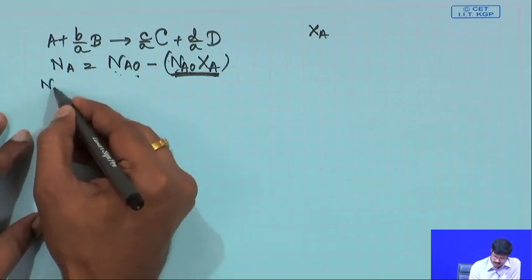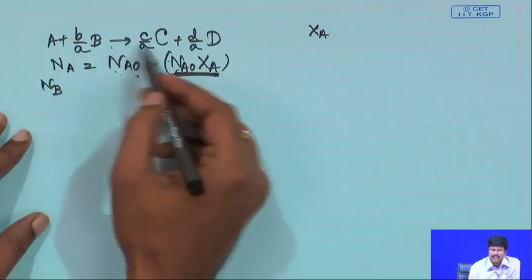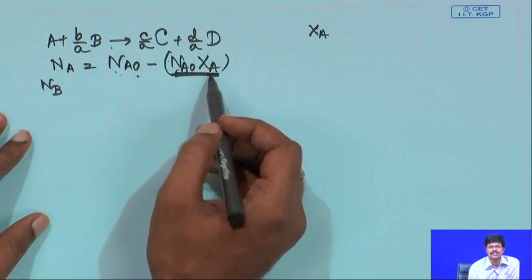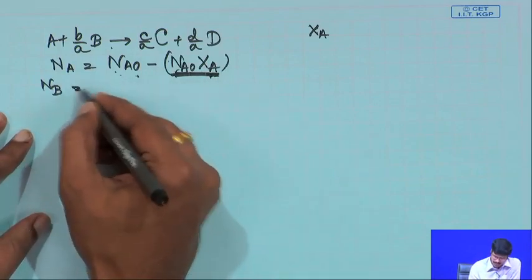Similarly, you can also find out the amount of all the other species in terms of the conversion which is X A, which will be extremely useful afterwards.